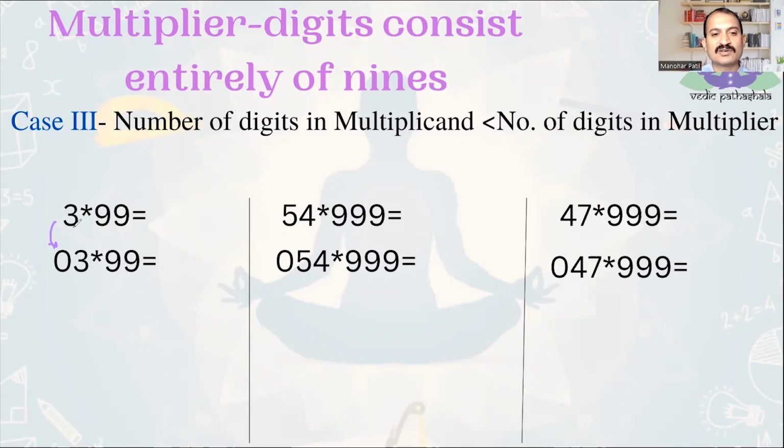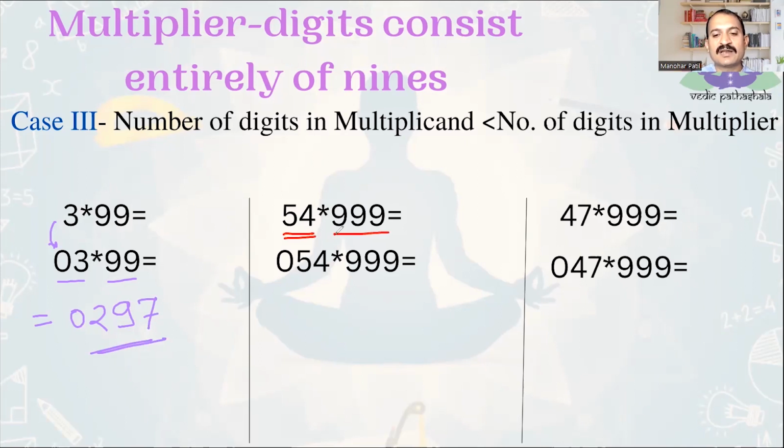So if you convert 3 into 03, number of digits in multiplicand is 2, number of digits in multiplier is also 2. So you can use the rule easily. So what is the rule? Subtract 1 from the multiplicand. So 03 becomes 02. And then subtract this new number from multiplier. So 9 minus 0, 9. 9 minus 2 becomes 7. So this is your answer. Easy peasy.